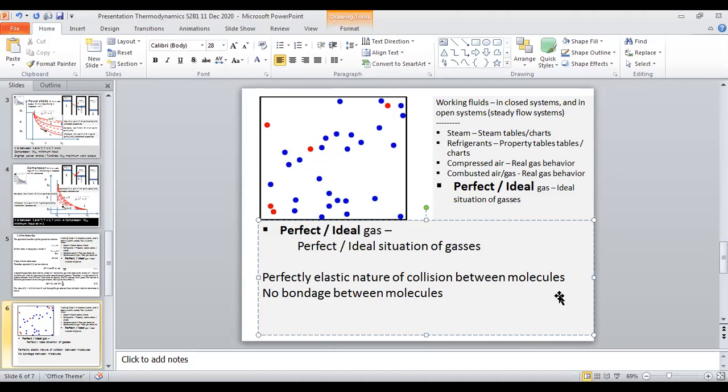No bondages means, in chemistry terms, no bonds between molecules, so no attractions. Bonds mean attractions or repulsions, both.